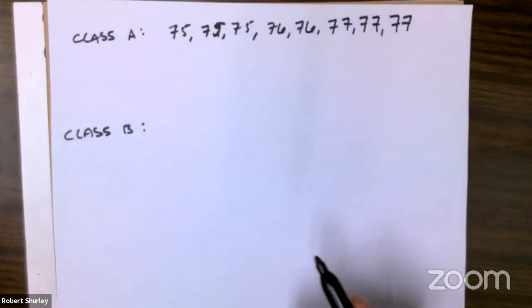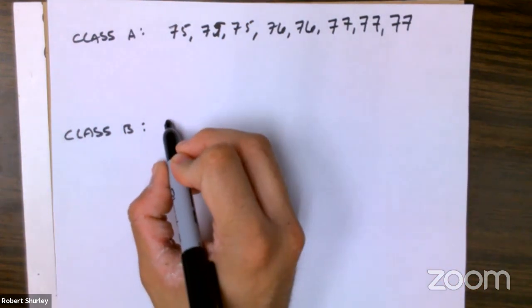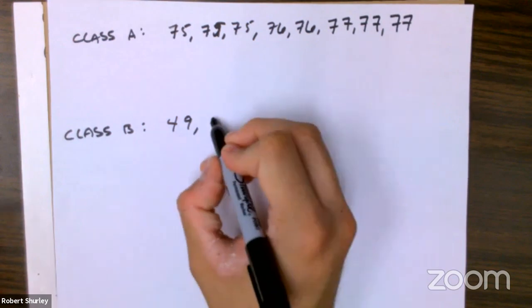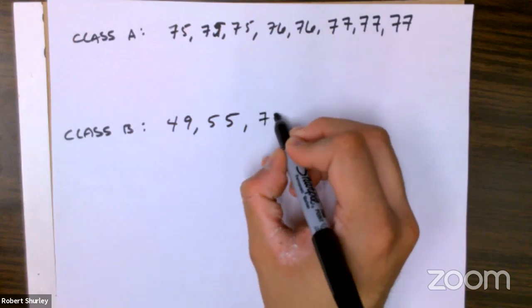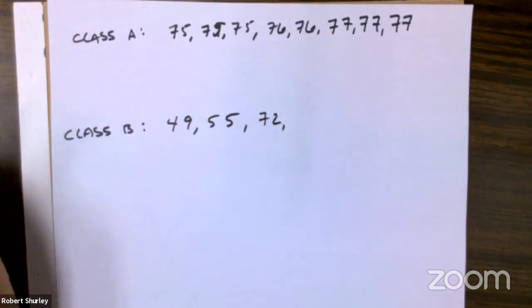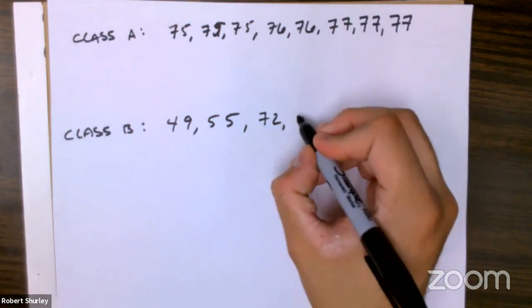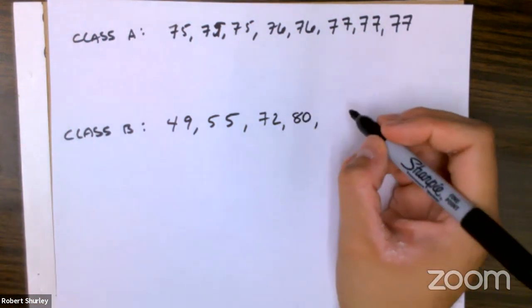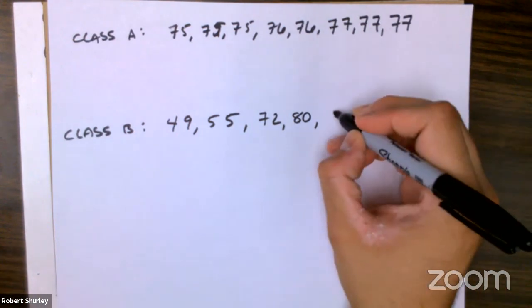Okay, class B though, same test, but let's say I've got a 49, I've got a 55, I've got a 72. Hold on a second. Let's say I've got an 80, and I've got a 90.